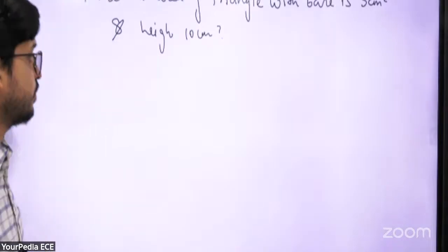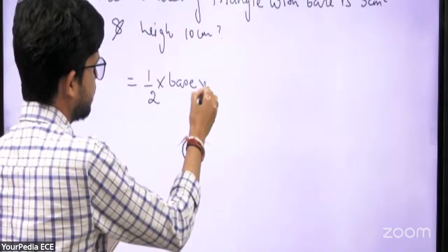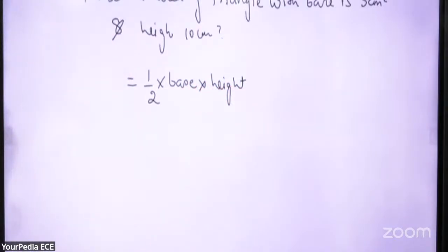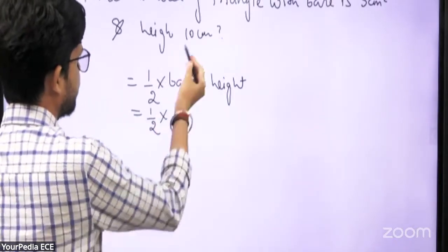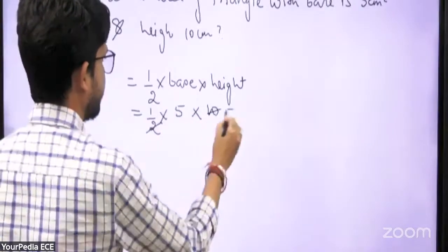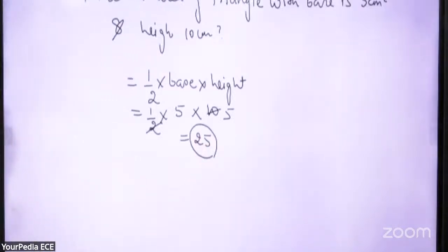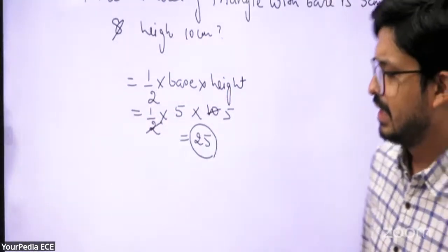So what is the area of triangle? Formula is 1 by 2 base into height. That is the basic formula for the area of triangle. What is the base here? Base is 5, height is 10. So what we get? We get 25. That is the simple question and the answer is very, very simple. We just have to multiply, and we know the formula.